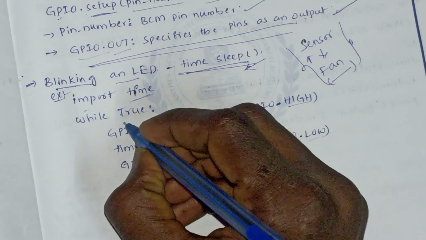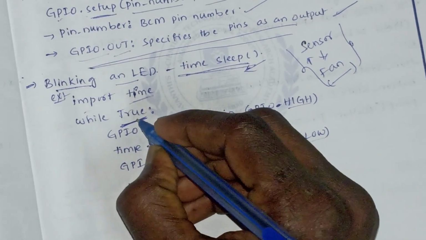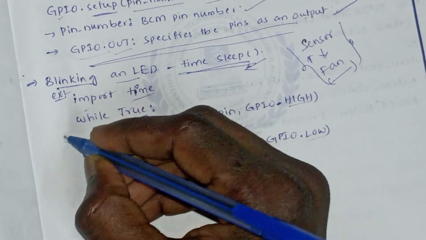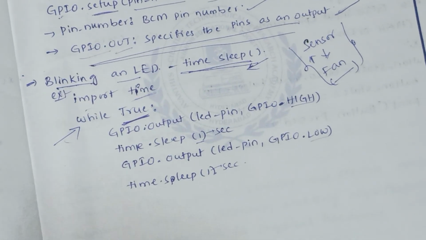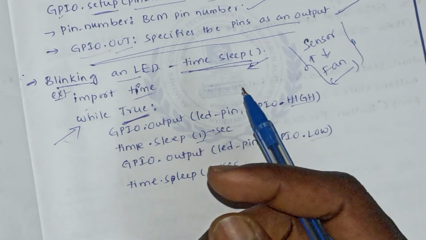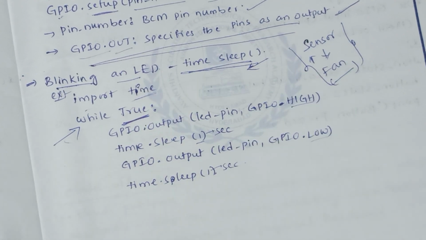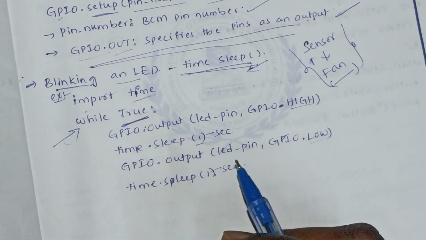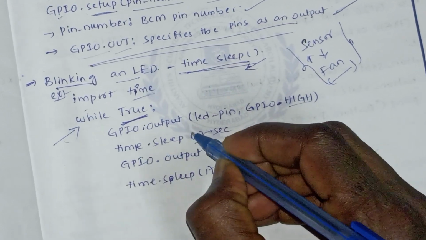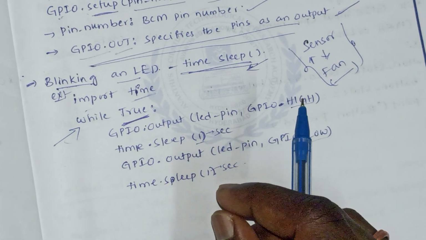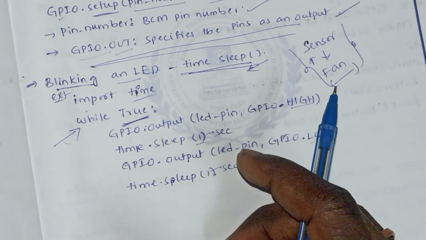While True: by default we are using True, because we are taking a boolean value. So whenever it is True, it is automatically high, that means the LED is on, with time.sleep of 1 second. One second it will be on, and another second it will be off.